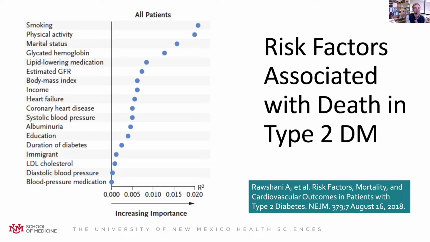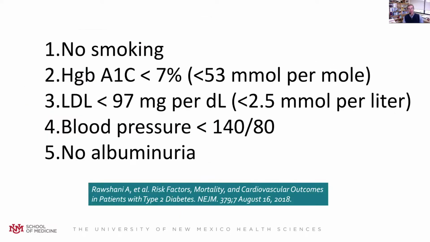If you look at the things we do give things for, blood pressure medications, diabetes drugs, that's farther down on the list. And then this study looked at if we can control these 5 major risk factors in those who do have diabetes, we can reduce the mortality rate to equal those who don't have diabetes at all.